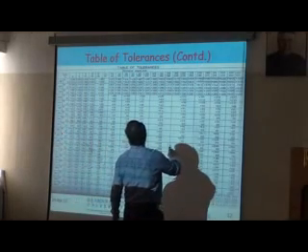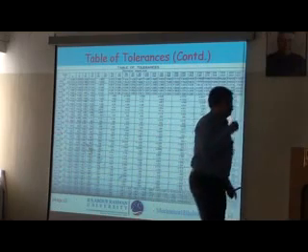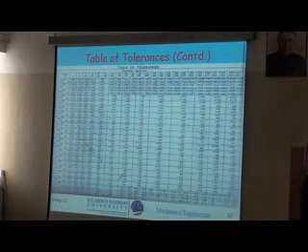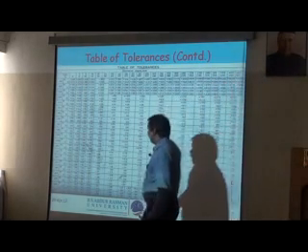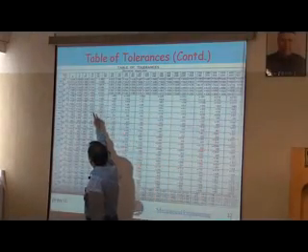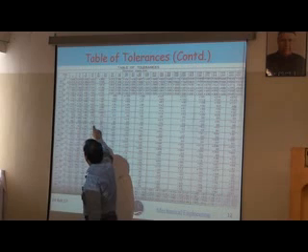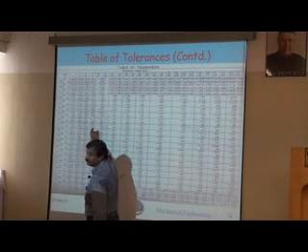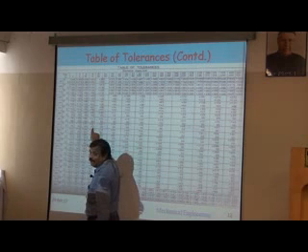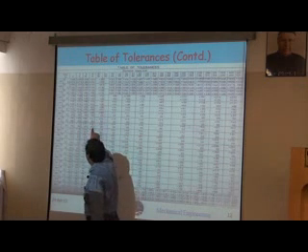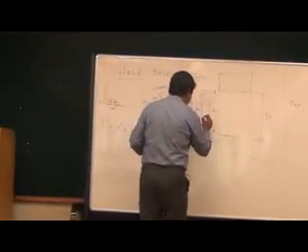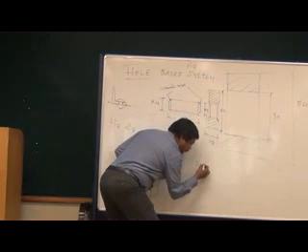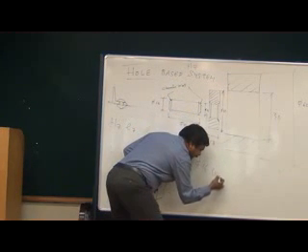Now you can see capital H7 is given here. Are you able to see? What is the diameter of the shaft? The diameter of the shaft is 16 mm. So for H7 16 mm, the diameter is given on the top and the tolerance is given here. So the tolerance on the hole is plus 0 to plus 18. So the hole dimension is, here I should write 16 within bracket H7.